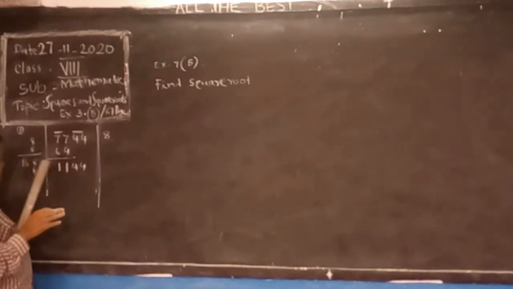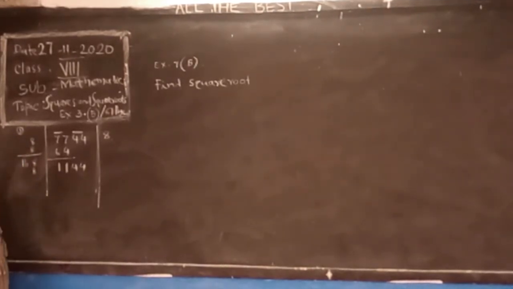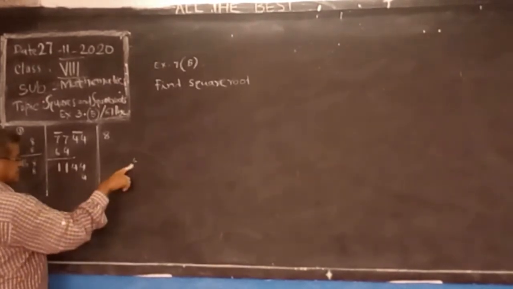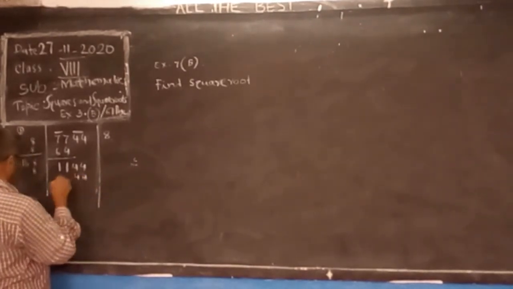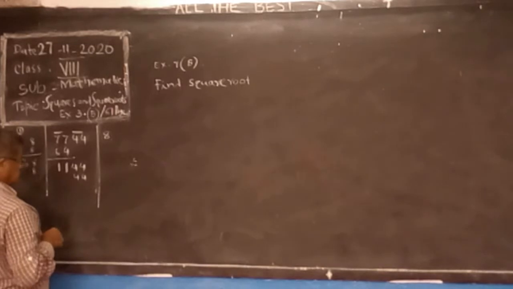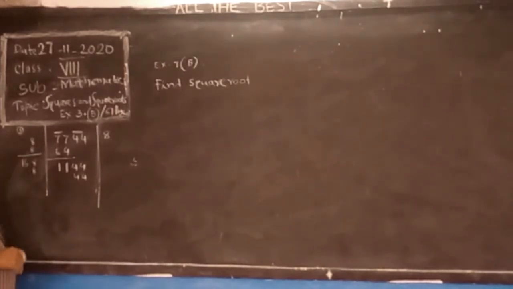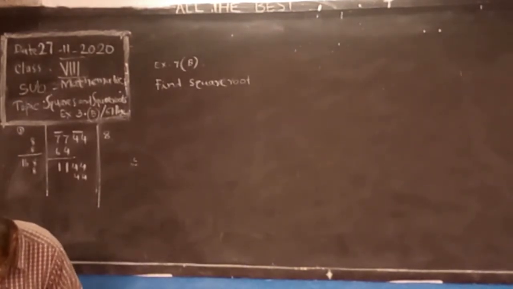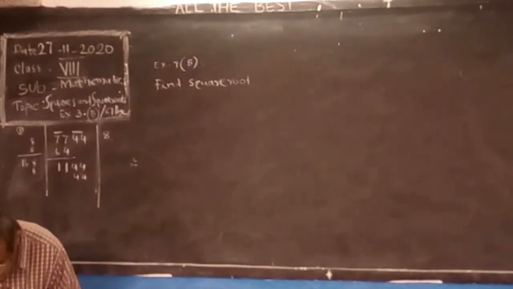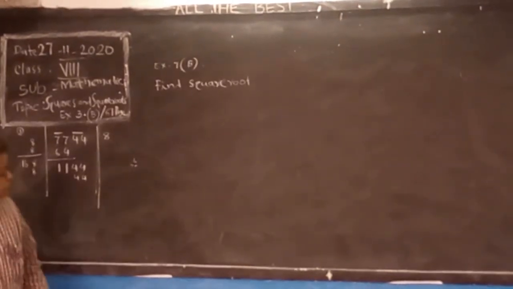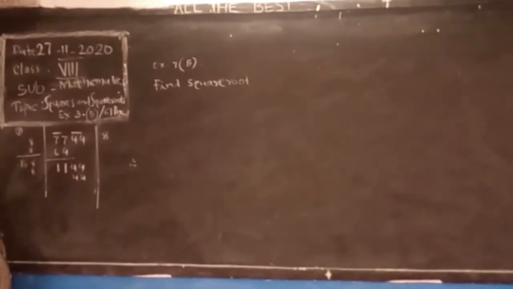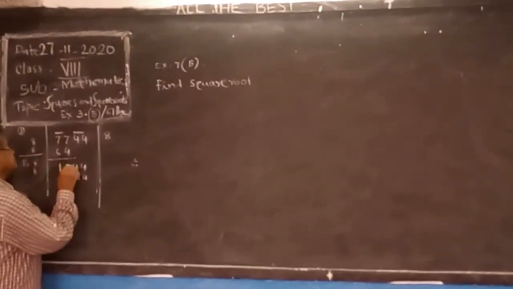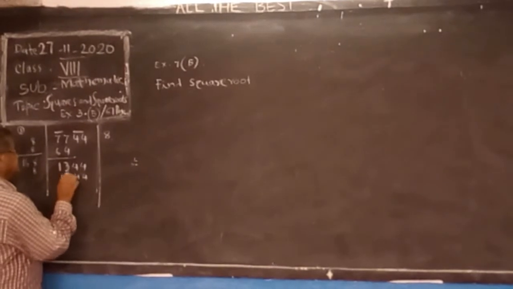To get 4, it is possible with 2 and 8. 2 becomes a small number. It is divisible by 8. 8 eights are 64, 48 plus 6 is 54, 8 ones are 8, 15 4.